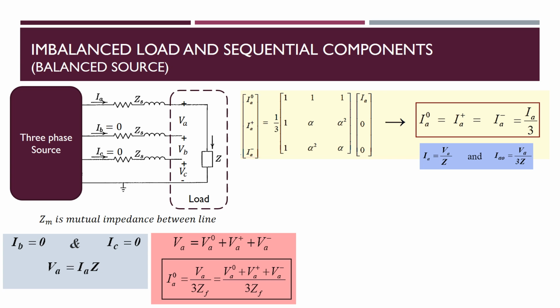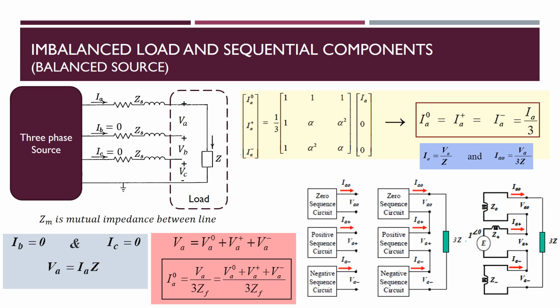So you can say that these sequence networks are connected to each other with 3 times Z. Here it is something like that, 3 times Z. This is the effective sequence network, and you may calculate.